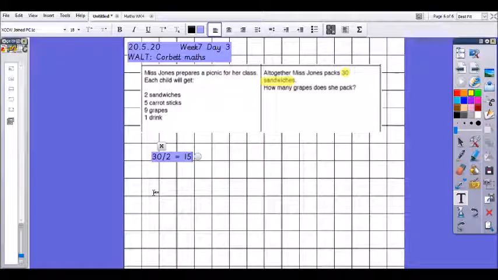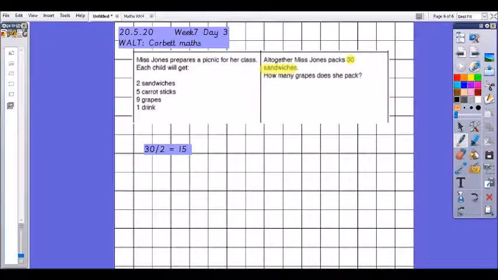We need to do 15 times 9, or we could use repeated addition and add 15 nine times. I'm going to use the short formal method. So we're going to do 15 times 9.